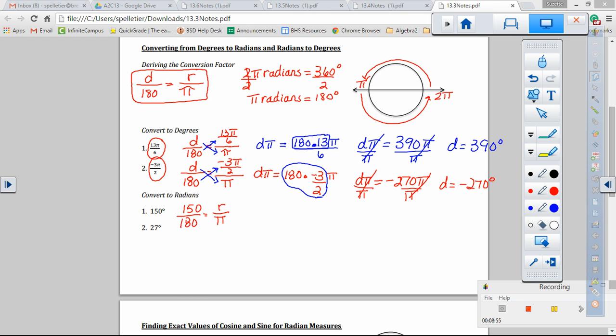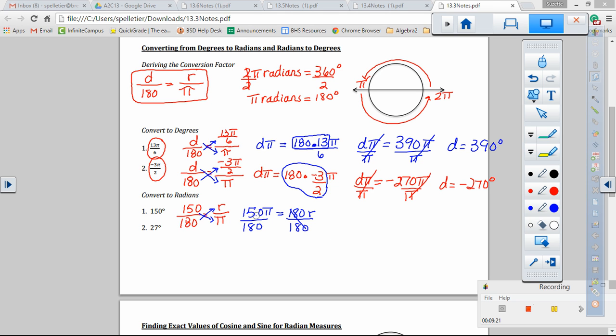And again, we do the same thing we've been doing, cross multiply, top to bottom, bottom to top. So we get 150 pi equals 180 r, and to get r by itself, we have to divide by 180. You do that to one side, you got to do it to the other.